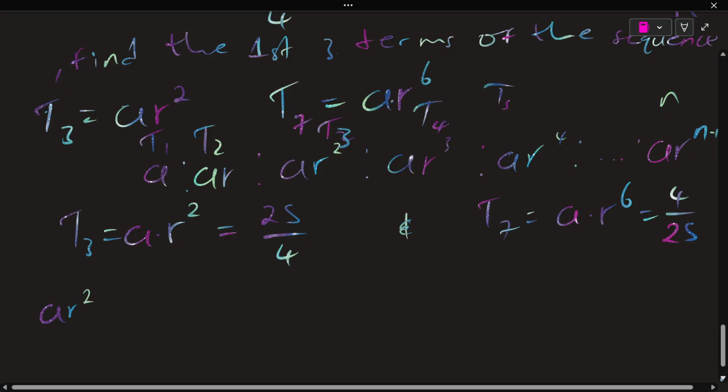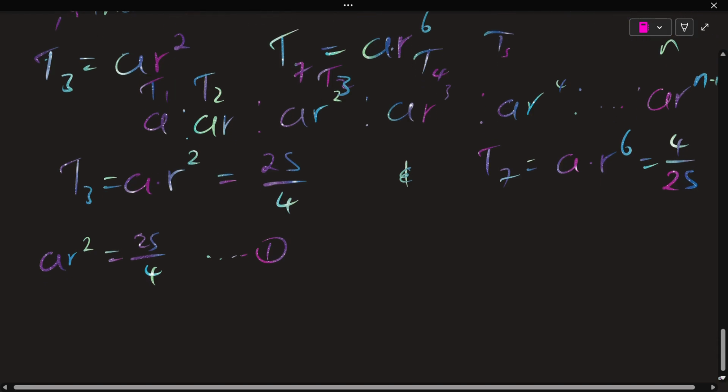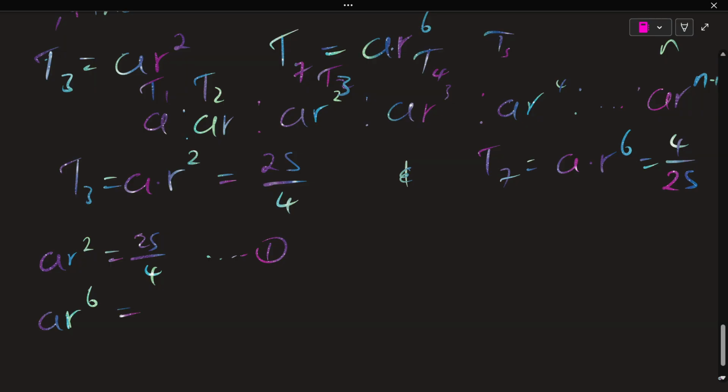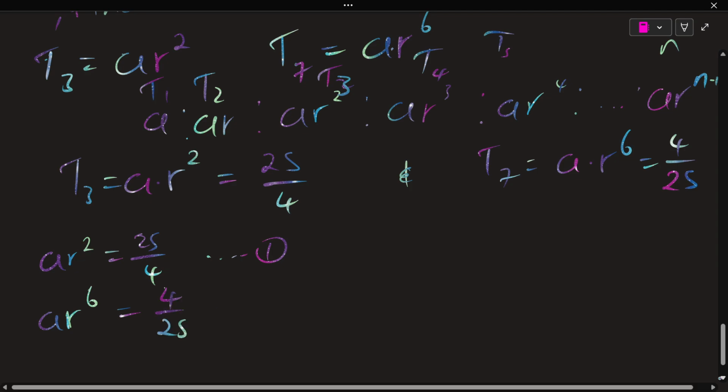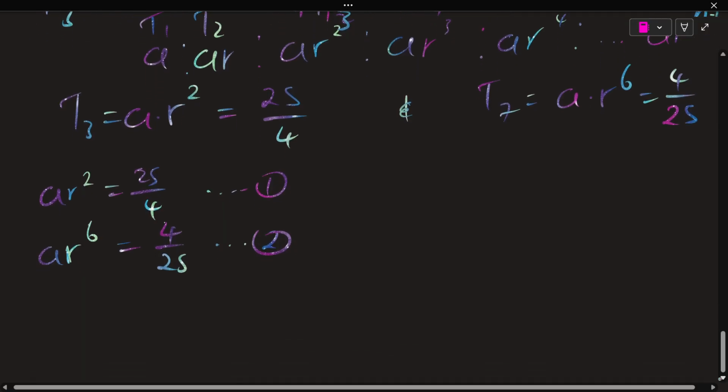Now with that, you have ar to the exponent 2 equals 25 over 4. That's equation 1. And a multiplied by r to the exponent 6 equals 4 over 25. That's equation 2.